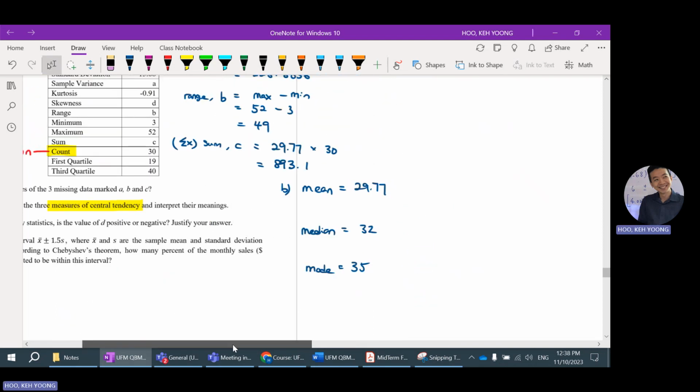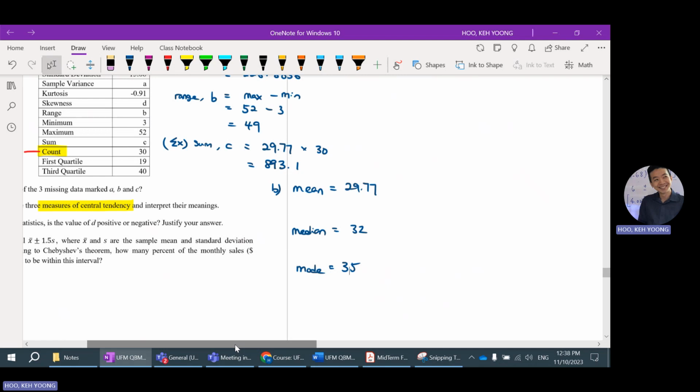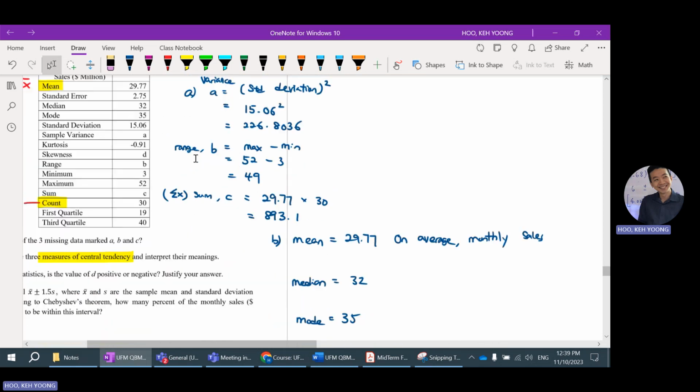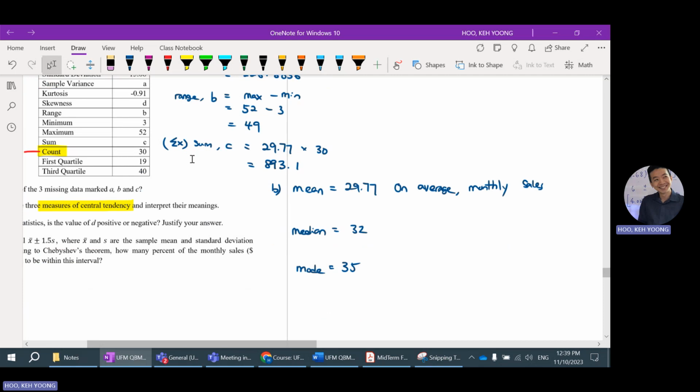So I'll go through the interpretations. On average, the monthly sales of outlets of product X, of 30 outlets, sorry, should not be 30 outlets.